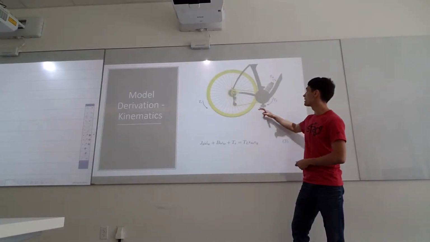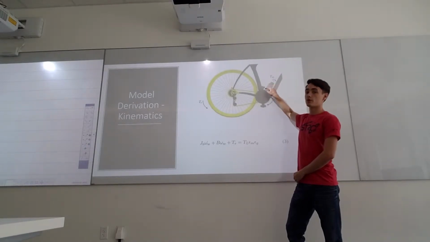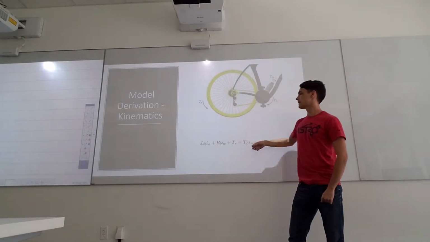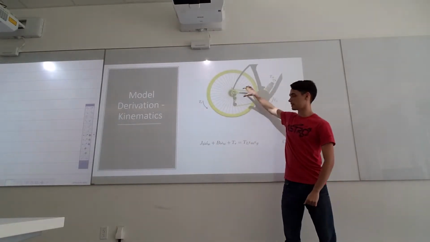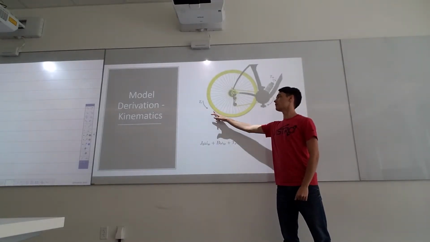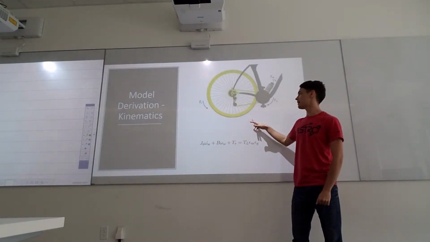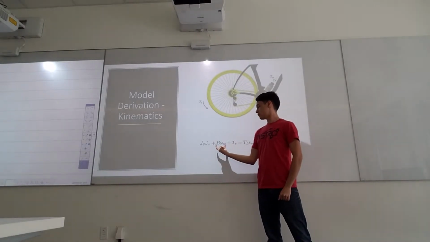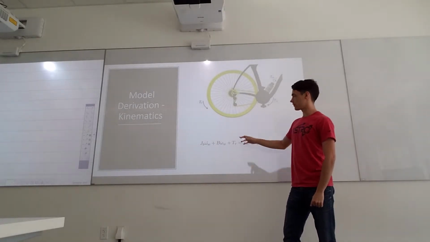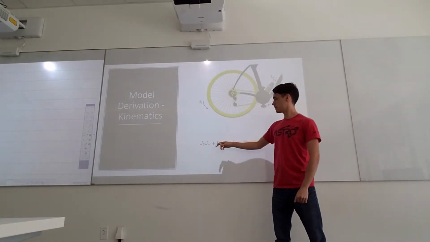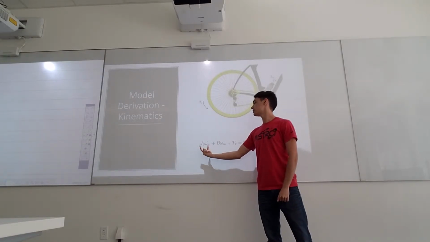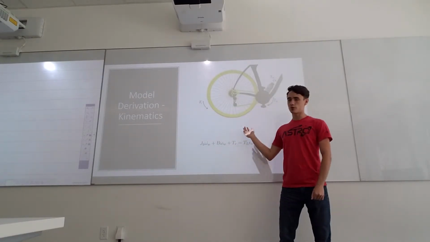So epsilon M is the reduction from the motor gears onto the cassettes of the bike, and epsilon G is the reduction of the front cassettes to the back cassettes of the bike. TR are our resistive forces that are acted upon the tire. B omega W are the friction forces on the wheel, and JB omega dot W are the inertial forces of the tire.